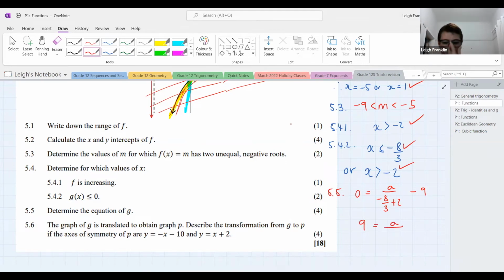Minus 8 over 3 plus 2 would have left us with negative 2 over 3, which means that 9 would be equal to negative 3 over 2a.